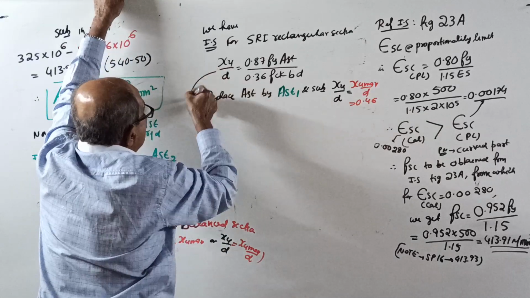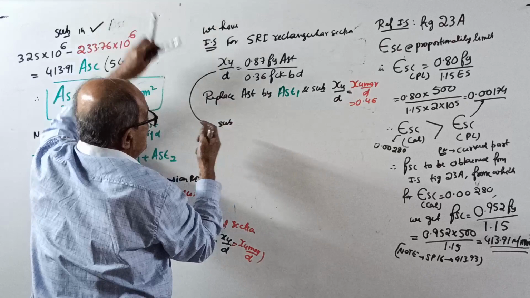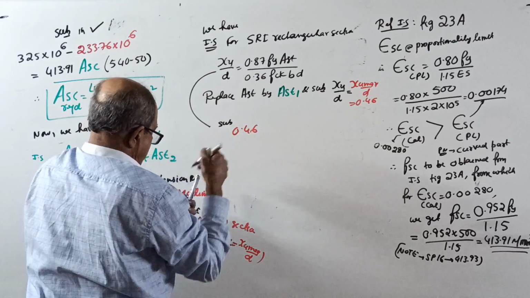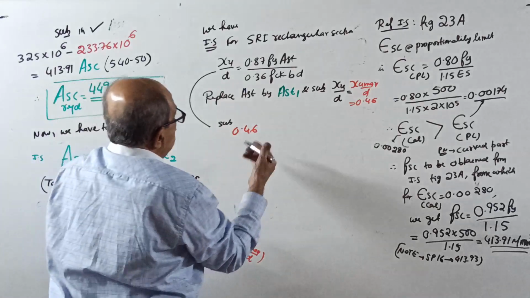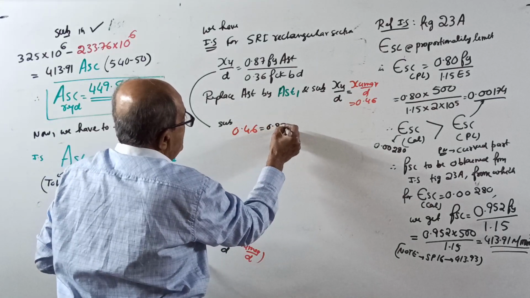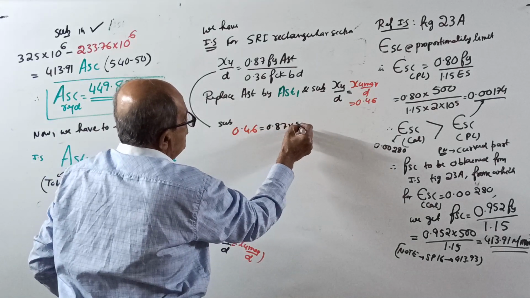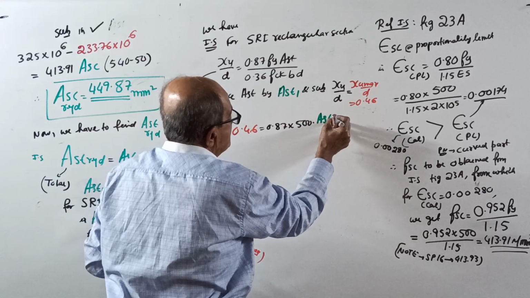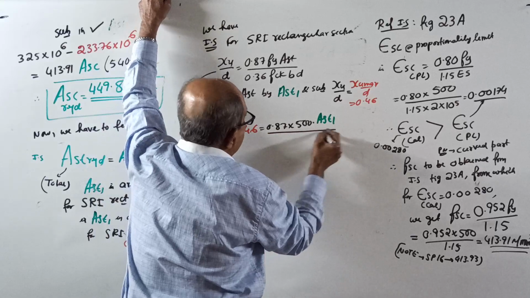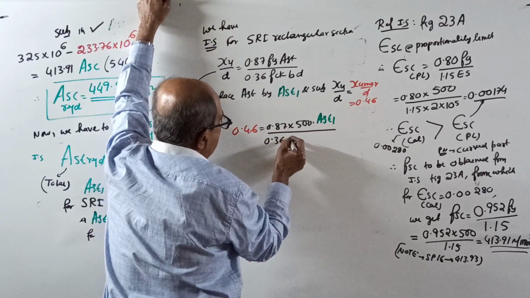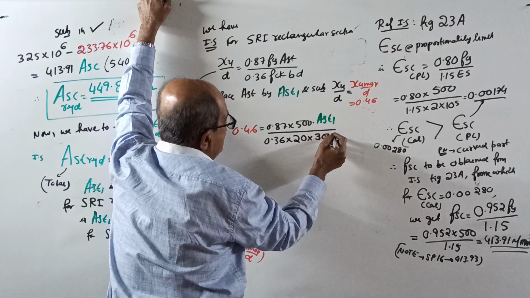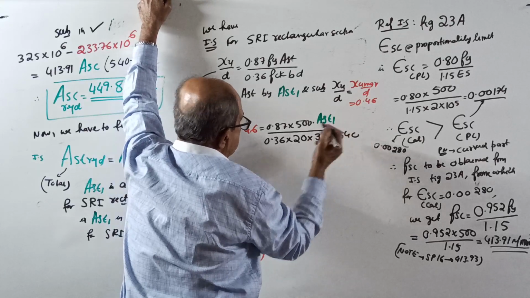Now start. Substituting 0.46 equals 0.87 into 500 into your AST1 divided by 0.36 FCK, 20, into 300 into D, which is 540.